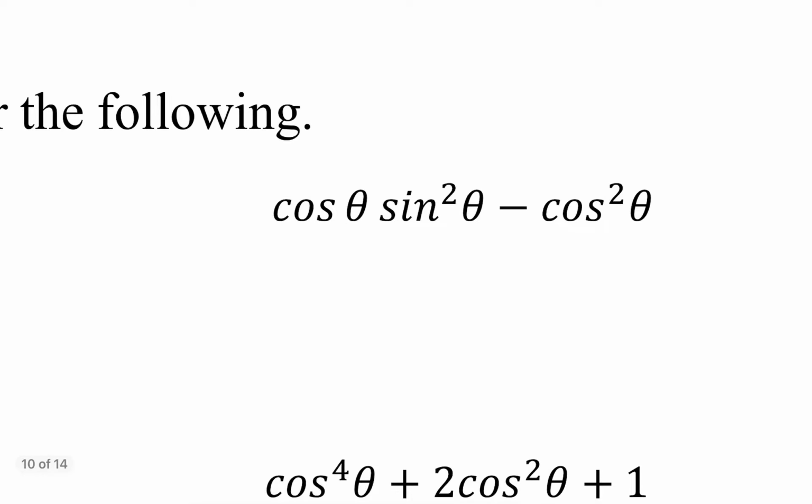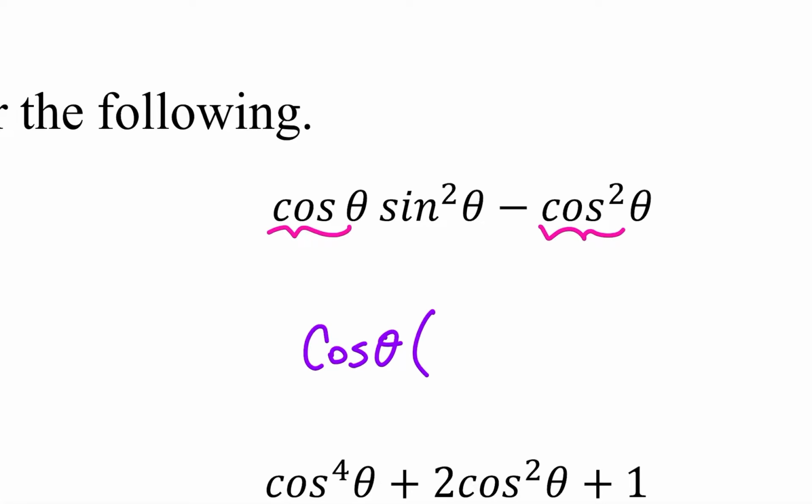In this one, same idea that there's a minus here, but we recognize that it's not a perfect square. Like this piece and this piece are perfect squares, but this little cosine theta right here, that's not a perfect square. So this is not going to work that way. What we do have here, though, is that this has a cosine and this has a cosine. So we could factor a cosine out of this.